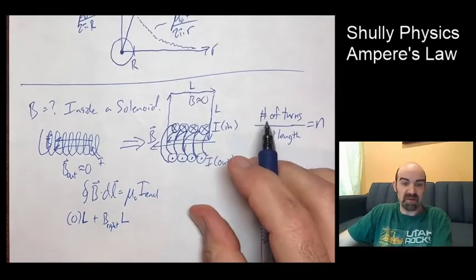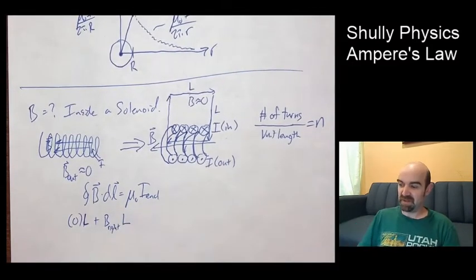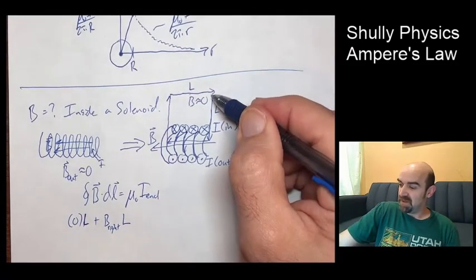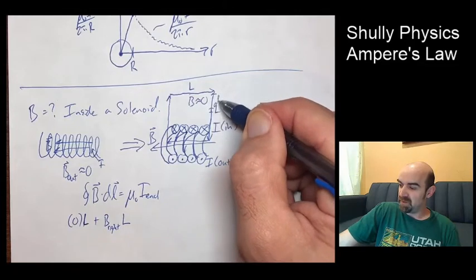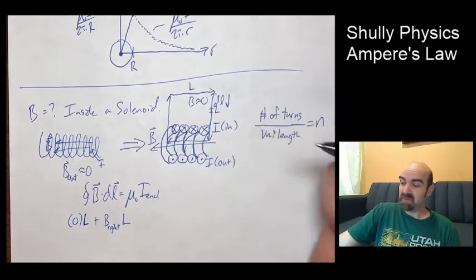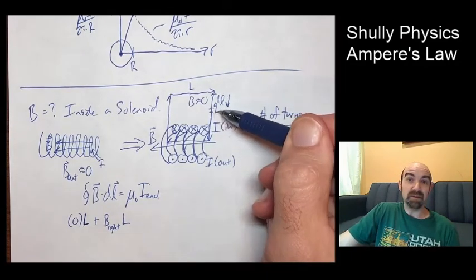It's hard to tell what that's going to be, but there's a really important fact here which negates any considerations of what the heck this magnetic field contribution might be. And that fact is that this dL, this length, if we sum up all these little dLs along this length, they're in the downward direction. And the magnetic field right above this wire is either to the left or the right.